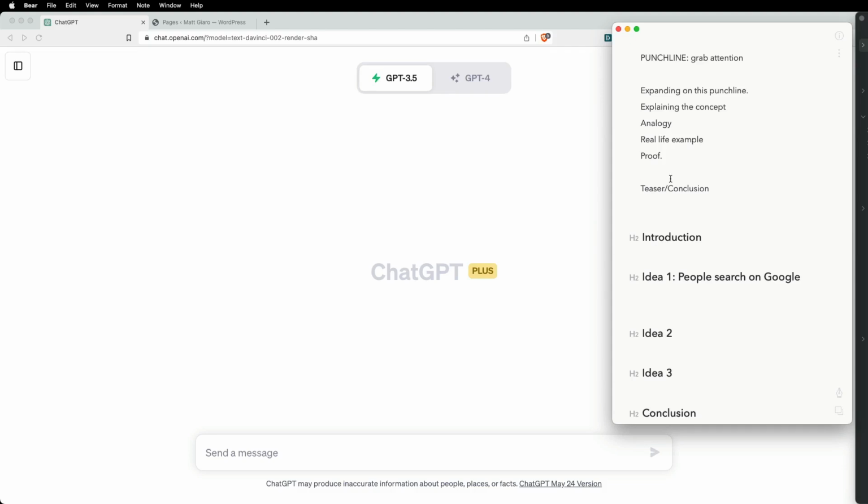Then I could end the first idea with, but that's not the only thing that people are doing, which teases idea number 2, which could be something else, right? Or it could be a conclusion like, people are still searching on Google, right?